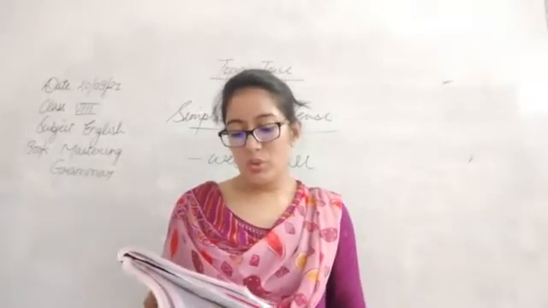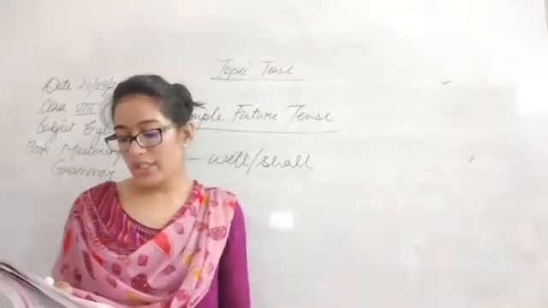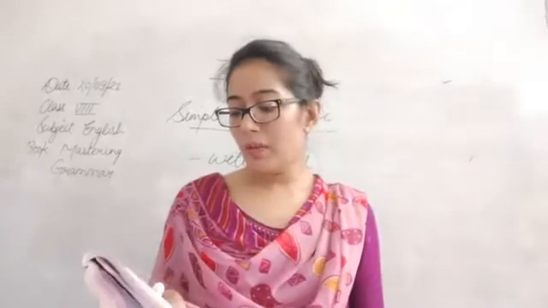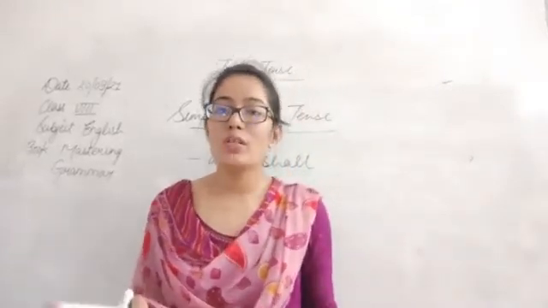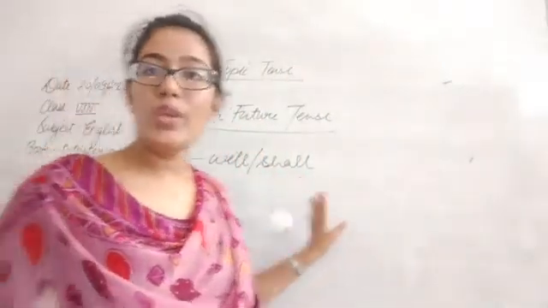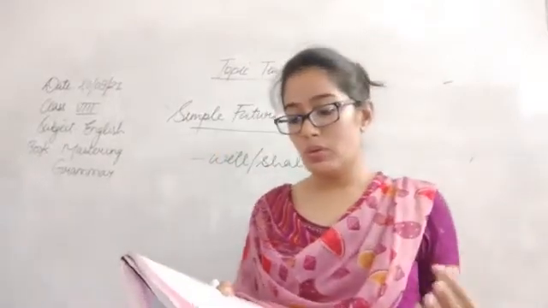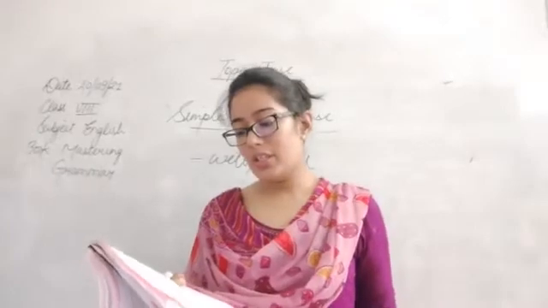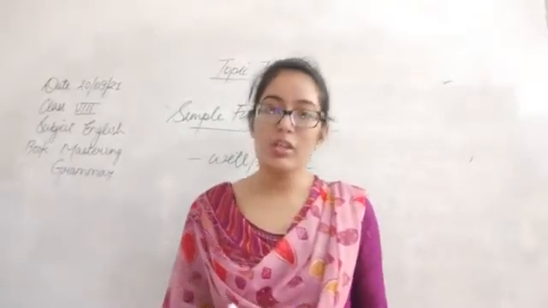We use going to for suggesting an intention or decision that was made earlier to do something in the near future. Okay, so we use will and shall, but we also use what? Going to suggest some intention or decision that was made earlier to do something in the near future.